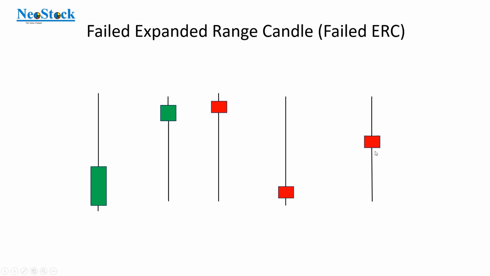ERC candles which fail to maintain the body, we call failed ERC candles. At least a minimum of 40% body should be there. Otherwise, we can call them failed ERC candles, where the body is less than 40% but the candle range is huge.